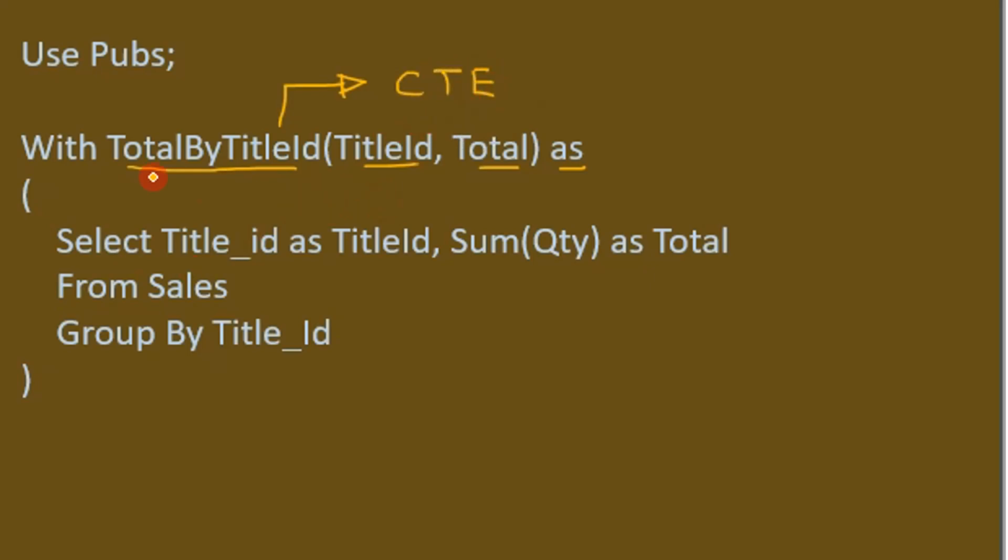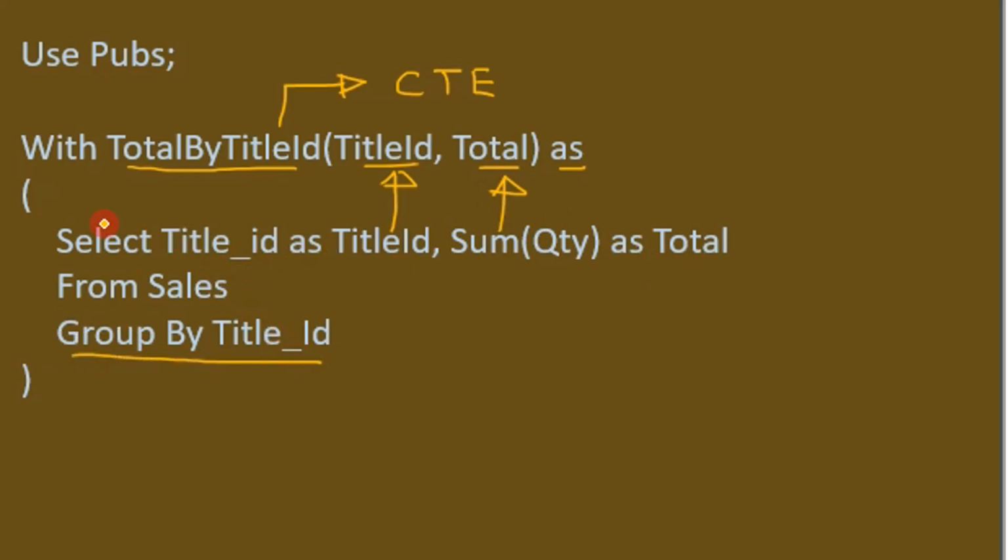So we defined the expression with total by title ID is the CTE that defines two columns. We open bracket and we pick two columns. Here it is talking about two columns, right? Select title ID as title ID. So this will go here. Sum of quantity goes to the second column as total, from sales group by title ID.